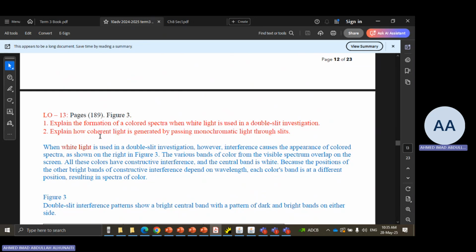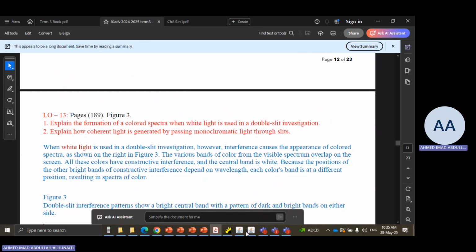Now, you can have monochromatic light which has only one frequency, but it could be out of phase. How can I have them all line up, meaning be in phase? We pass them through a single slit. I won't go in depth into this. Explain the formation of color spectra when white light is used in a double slit investigation.